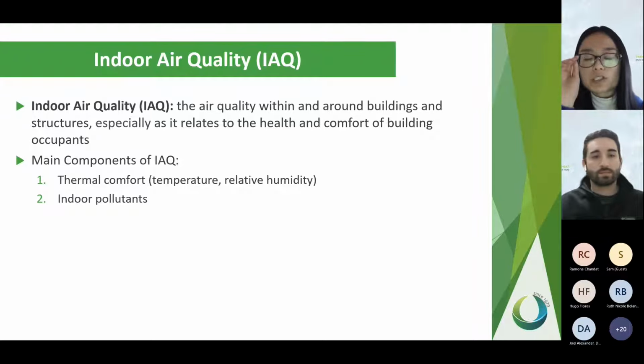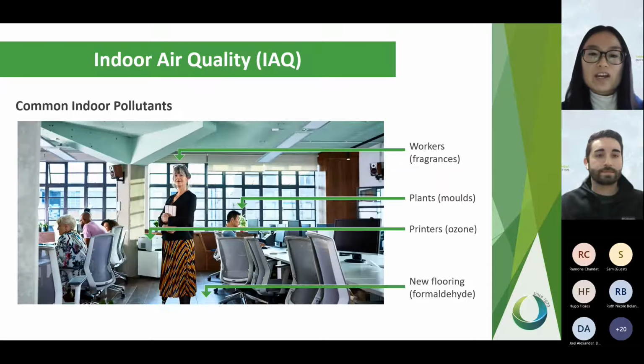I'll be describing the indoor pollutants in more detail, since that isn't as intuitive as the temperature and humidity. Indoor pollutants are very common in a building and can come from many sources. For example, in a typical office building, we may have workers who wear perfumes or colognes and fragrances to work, and fragrances can be an indoor pollutant.